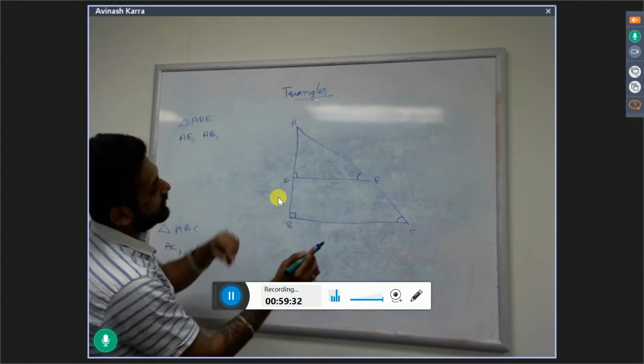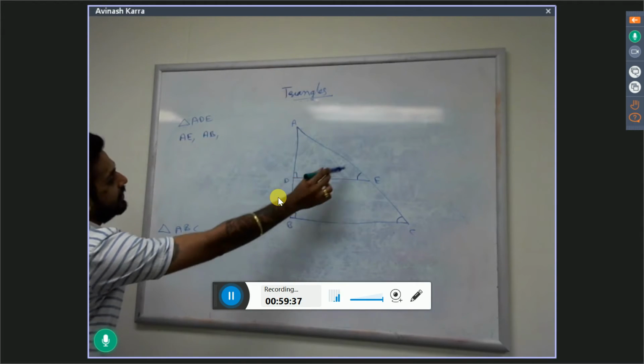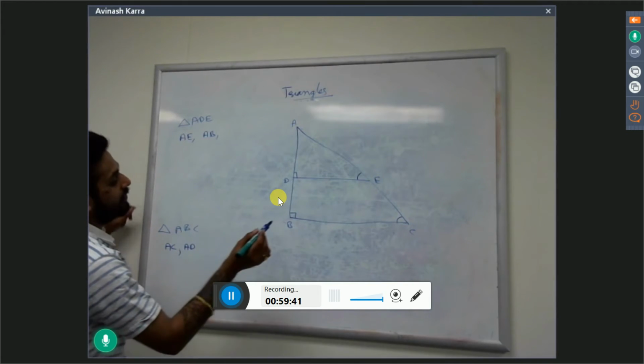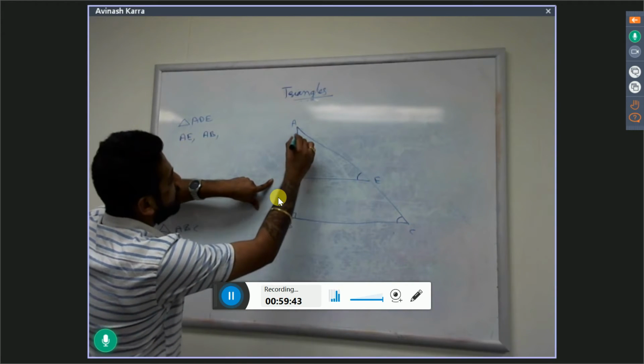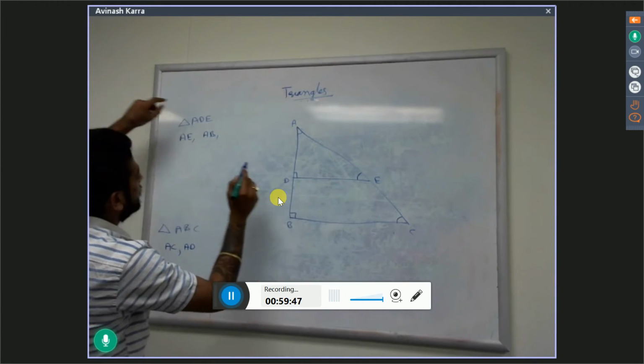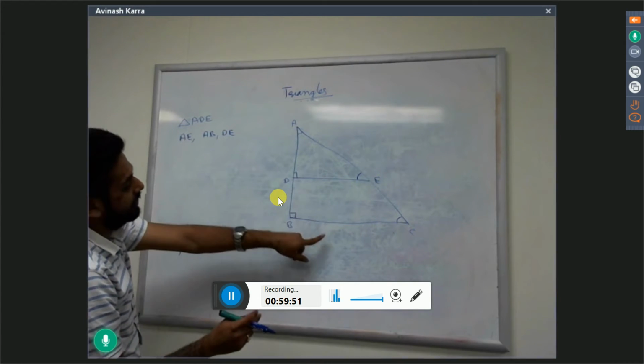Okay. What will be the corresponding side for angle C in this triangle? And what will be the corresponding side of angle A in ADE? For ABC.